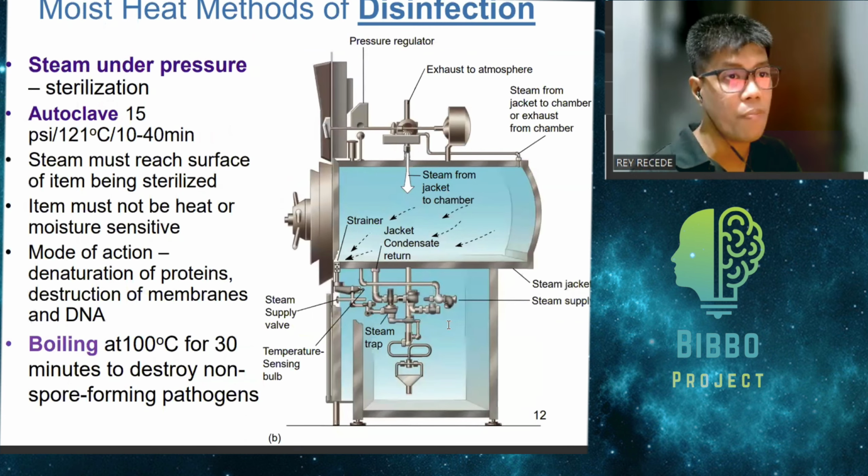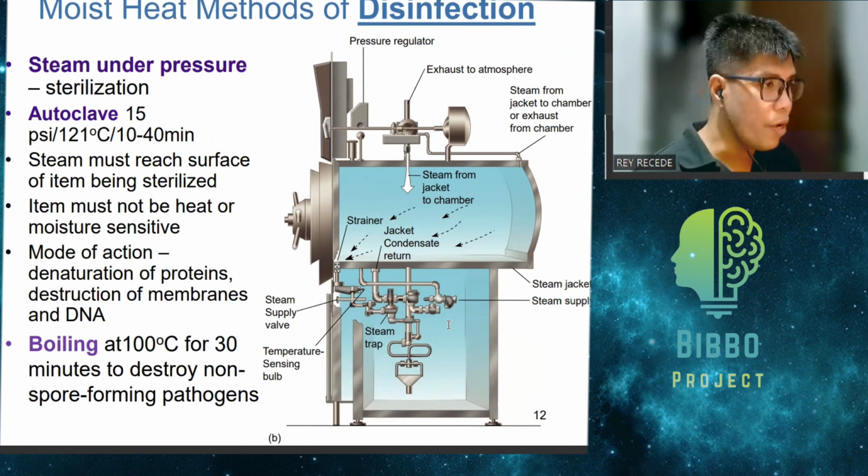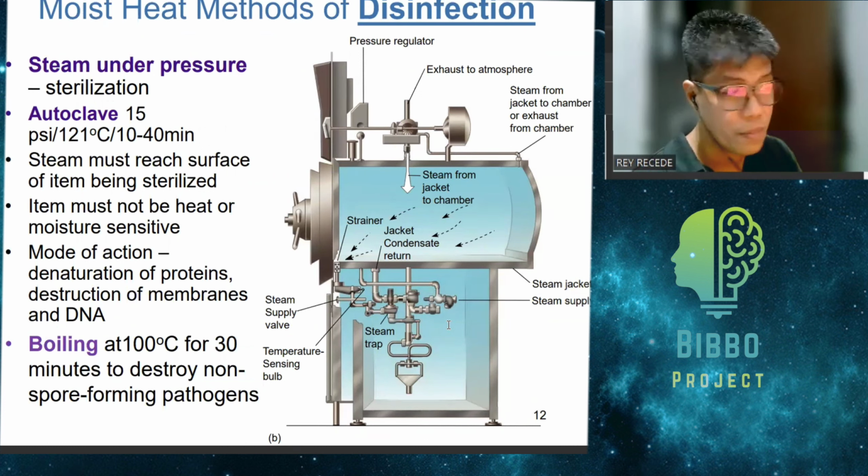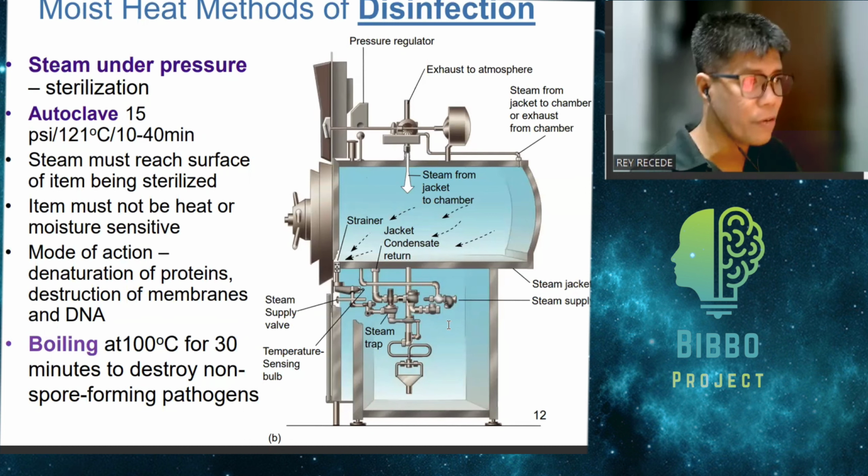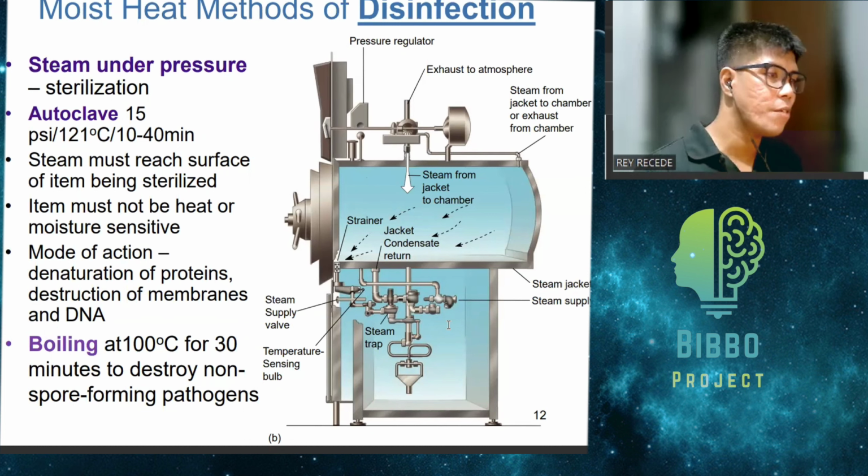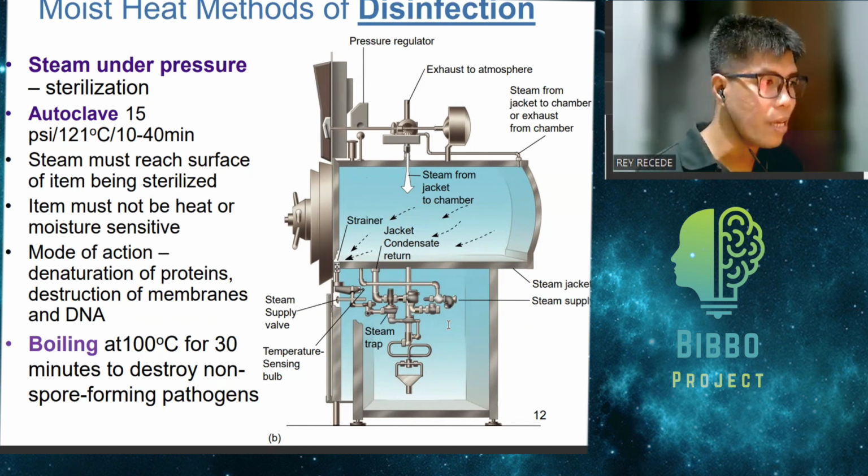Moist heat methods of disinfection, steam under pressure, that's the sterilization. You also have the use of autoclave. If you have the autoclave in your school, that is 15 psi, correct me for that, or pardon me for that. And then you have 121 degrees Celsius, and that's going to be heated for 10 to 40 minutes time.